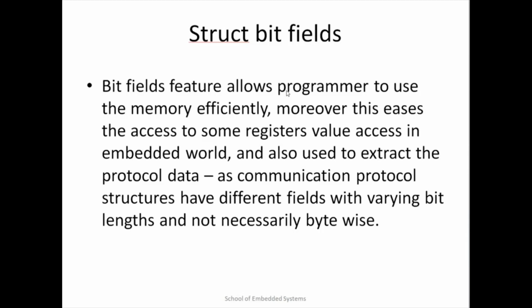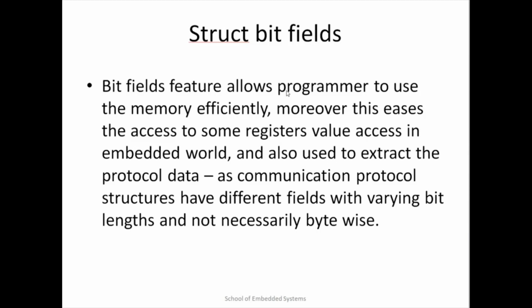Moreover, in the embedded world, when you deal with boards, you might see different registers. So what are these registers in an embedded controller? I'll just briefly touch on that. Registers are defined by the board, and they control the board behavior. The register addresses are fixed.